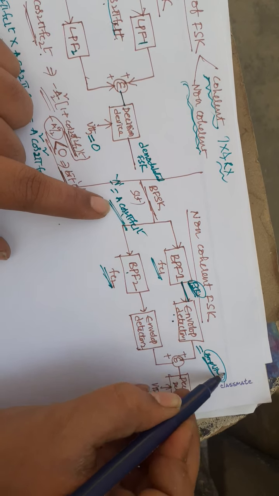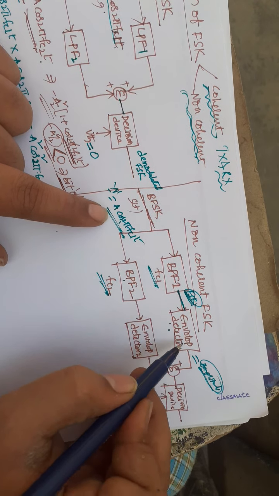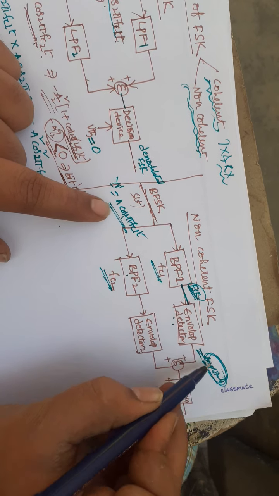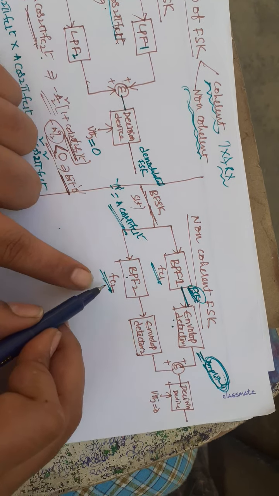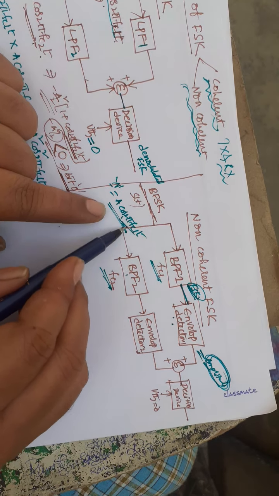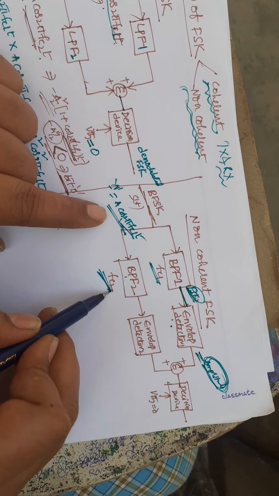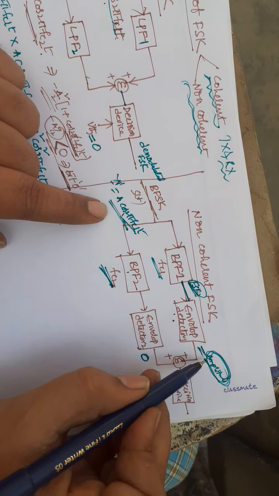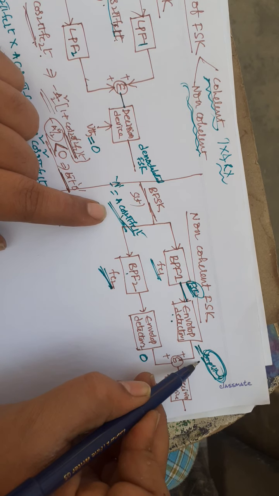The output of this one allows only the first signal, and the carrier signal is not allowed. Why? Because the band pass filter is tuned to fc2. It is not allowed, so the envelope detector output is 0. Here the amplitude is allowed by the envelope detector.